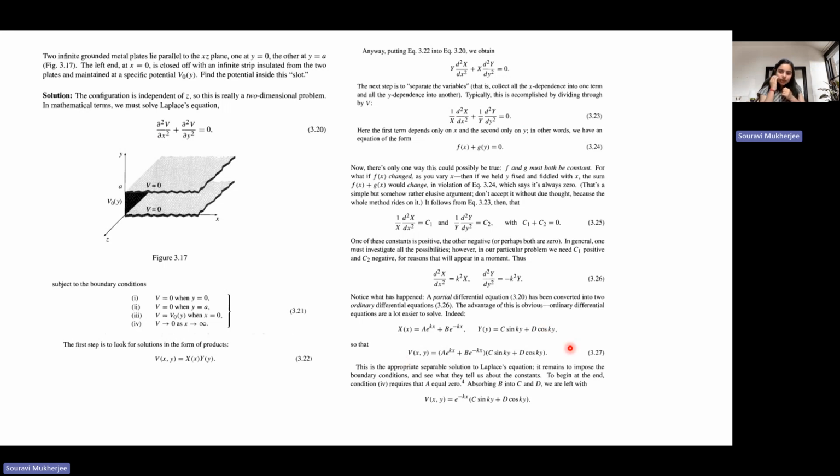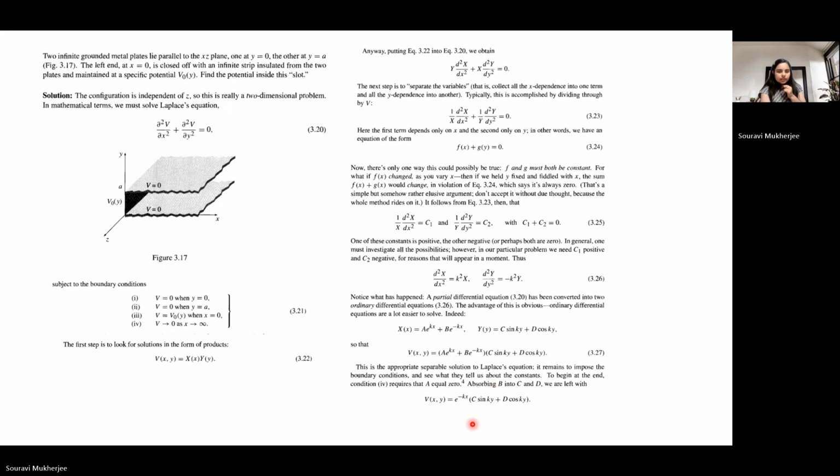Now, once you have this, we started applying our boundary conditions. Based on the boundary conditions, we tried to find the coefficients and also the possible values of kx and ky, like the wave vectors. So we did find that from the boundary conditions, and also the coefficients.